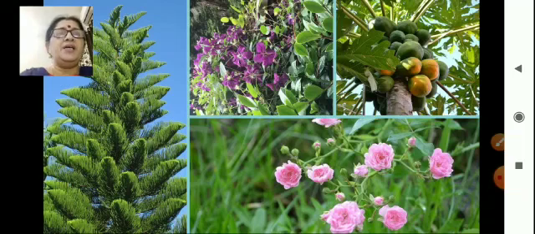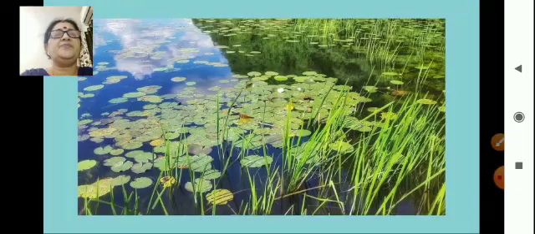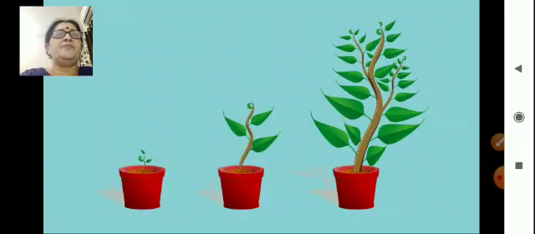Like people, plants live in different places. They grow on land and water. They also grow in very hot or very cold places. Like humans and animals, plants are also living beings.